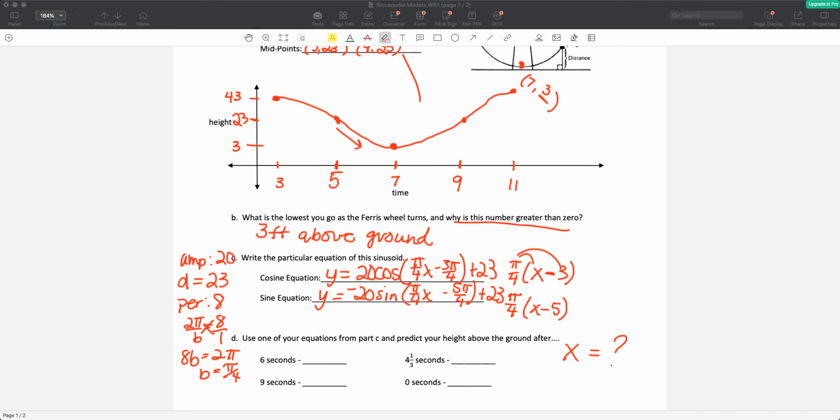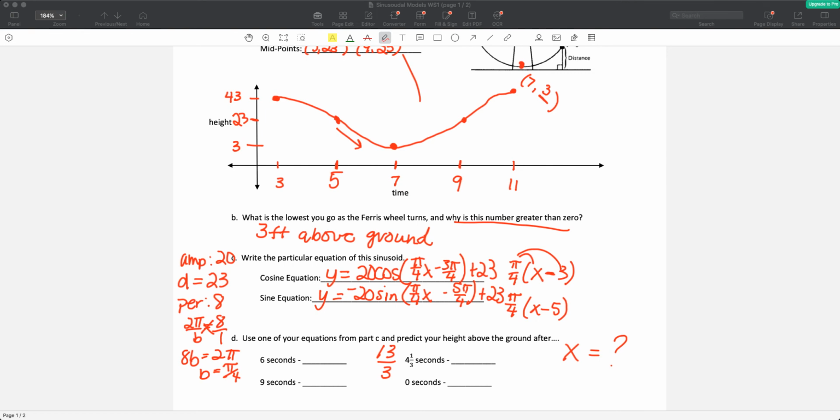So there's your answer for 6 seconds, for 9 seconds. Now, with 4 1/3, don't put 4.3 because that's not 4 1/3. So what I would do on 4 1/3 is make 4 1/3 improper. So I know 3 is going to stay on the bottom, and then when I multiply and add, you should get 13/3.